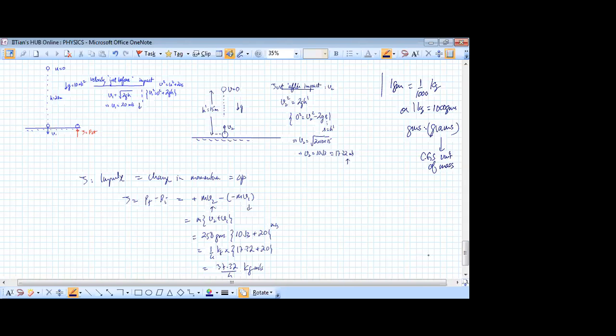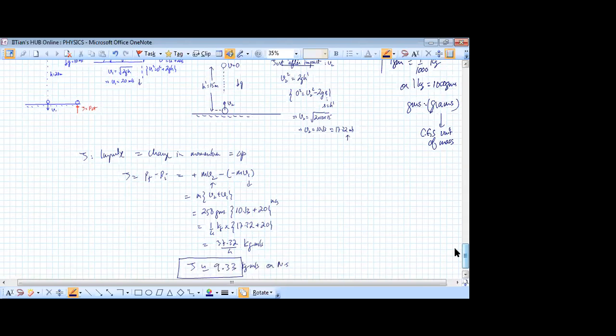Yeah, Bhaumik, in the last part, we are just calculating the change in momentum. Impulse is equal to change in momentum, so final momentum minus initial momentum. The final momentum is mass into this velocity, that is 250 grams into 17.32 meter per second, but upwards.